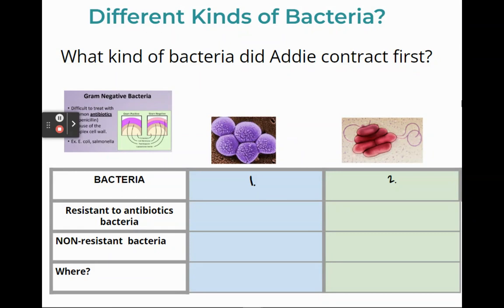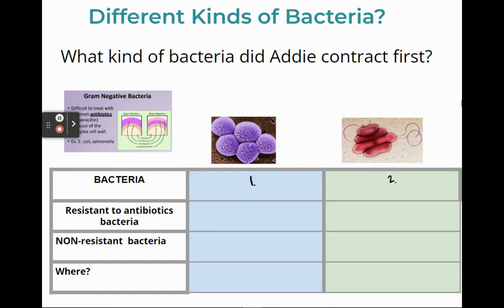Was she infected with non-resistant bacteria? Meaning, did she get infected with bacteria that you think could have been killed off by antibiotics? The only reason I bring this up is because there's this storyline where they talk about how Addie started to feel better, but then she would get worse. She would start to feel better, and then she would get worse.